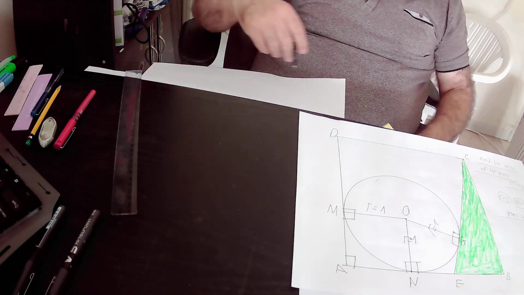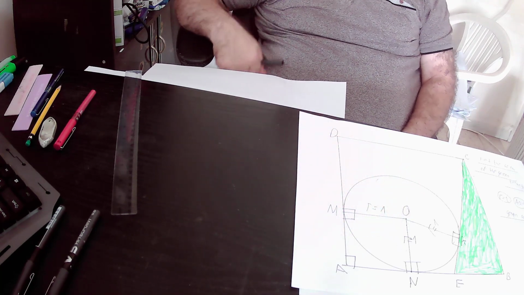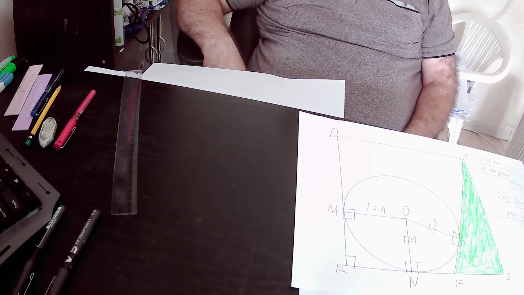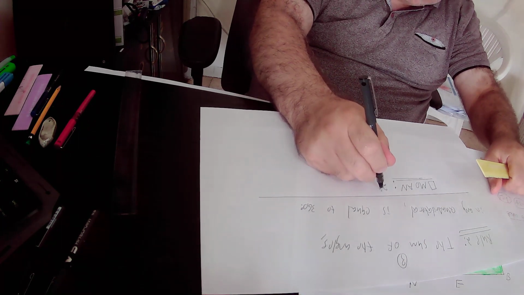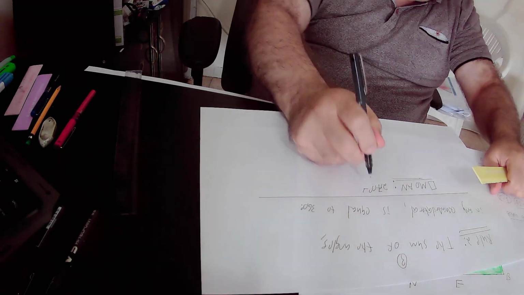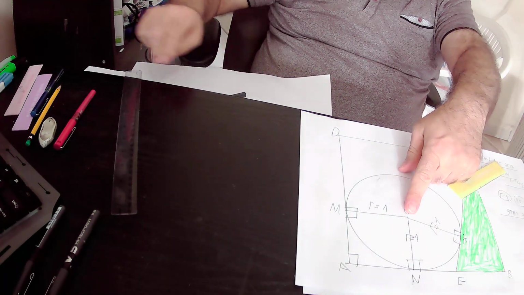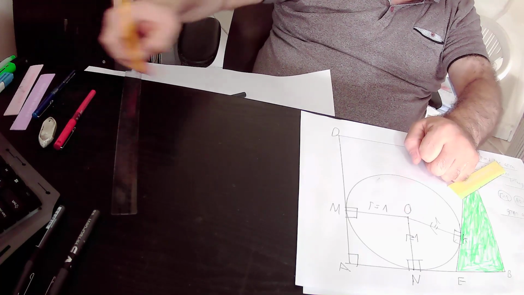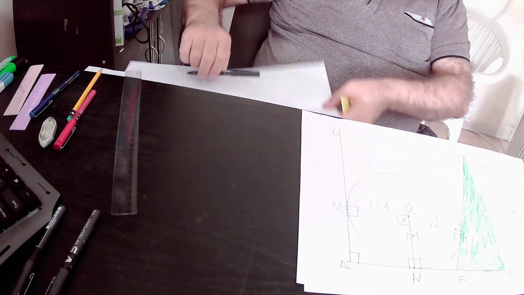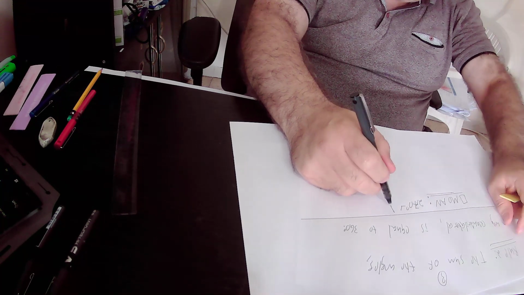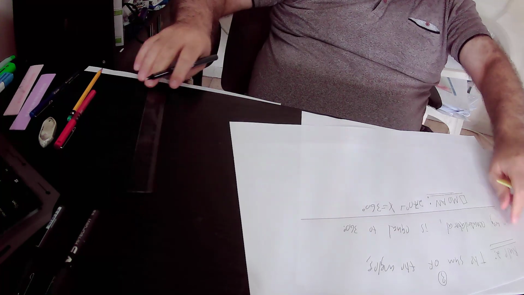Actually we have 3 right angles, 1, 2, 3, and the sum of 3 right angles is equal to 90 times 3, which is 270 degrees, plus the size of the fourth angle, which we'll define as angle X. So the sum of the 3 angles plus angle X must be equal to 360 degrees according to rule number 2.